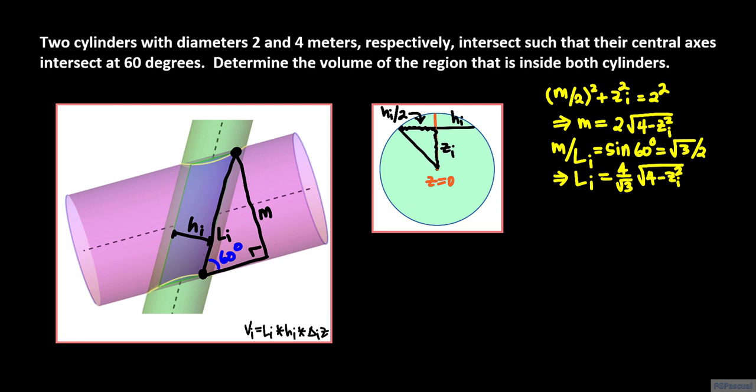The radius of the small cylinder is 1 meter, so by the Pythagorean theorem, we have the square of h sub I over 2 plus z sub I squared equals 1 squared. Solving for h sub I, we have h sub I equals 2 times the square root of 1 minus z sub I squared.